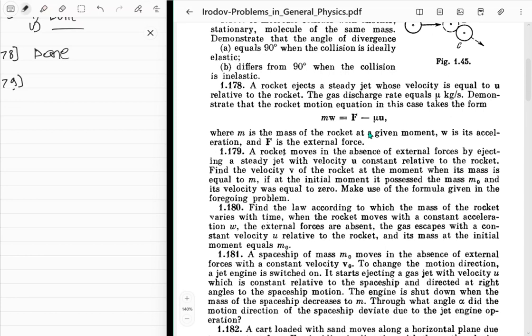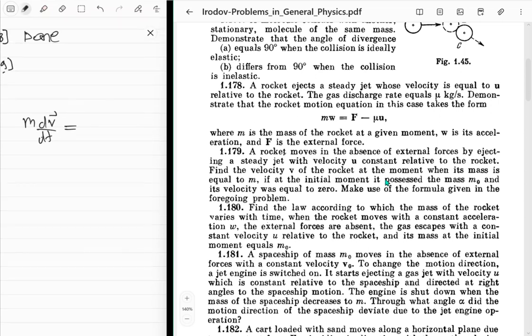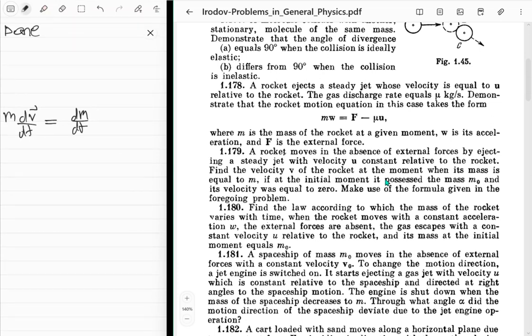I'm going to put it as a vector. It's going to be m dv vector upon dt is equal to negative mu, which is basically just dm upon dt, where m is the mass of the rocket, times u vector, right?